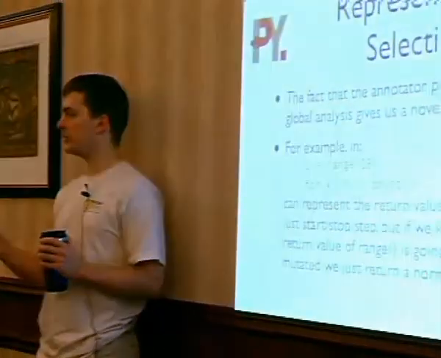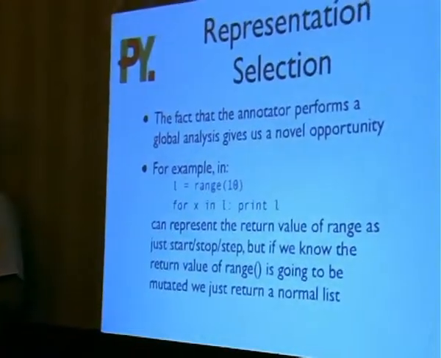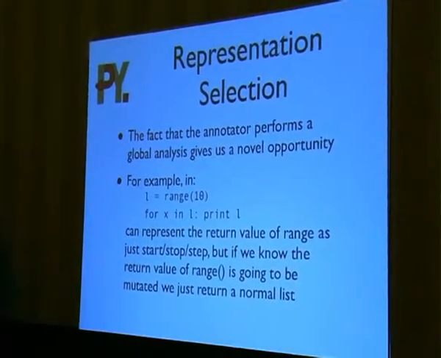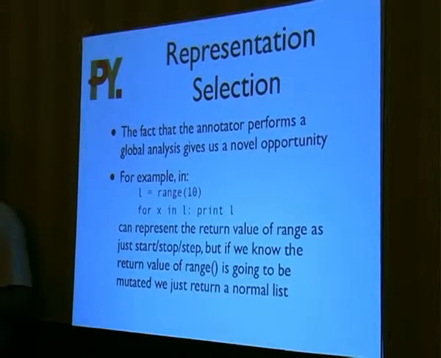So talking about the reason representation selection is an issue is that we don't always have to represent things which are the same type in the source program the same way in the translated program. So for example, we treat the return value of range in a special way.